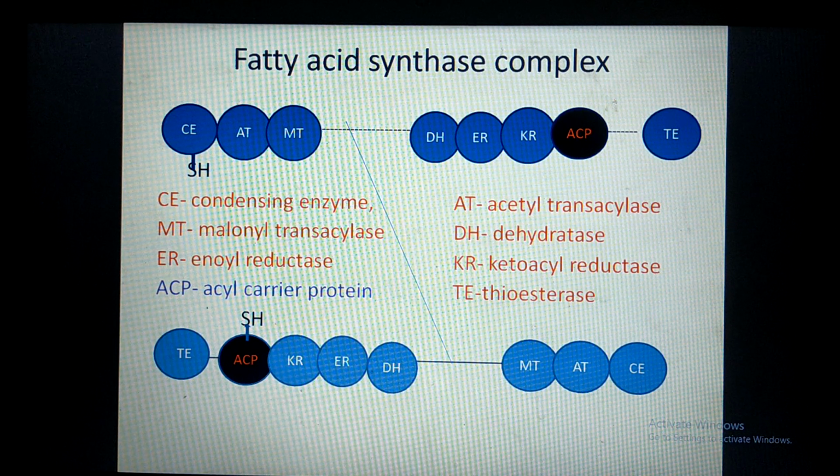For synthesis of one fatty acid, it requires all 3 domains, but all 3 domains do not belong to the same subunit.